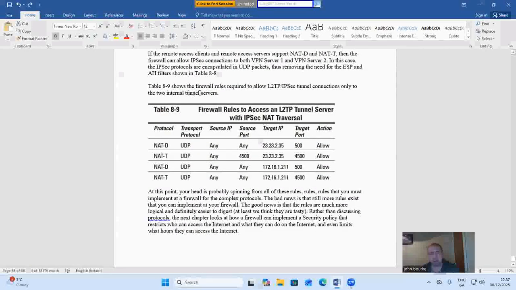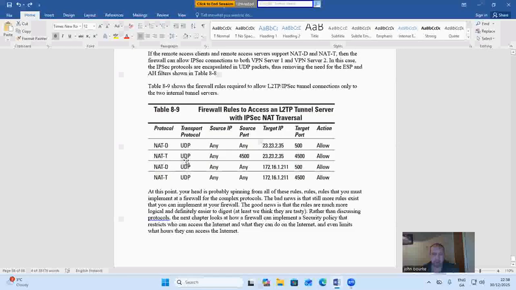Table 8.9 shows the firewall rules required to allow L2TP IPSec tunnel connections only to the two internal tunnel servers. NAT-D, UDP, any, 23.23.2.35, 500, allow.